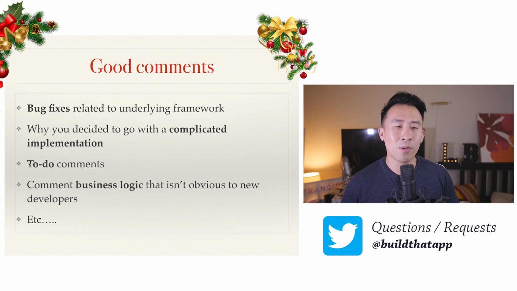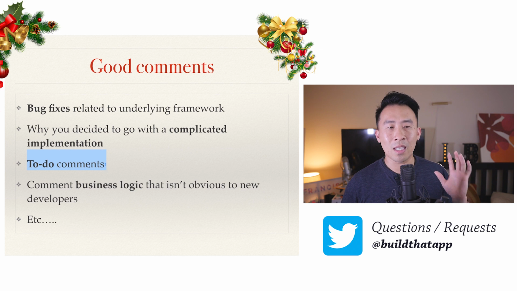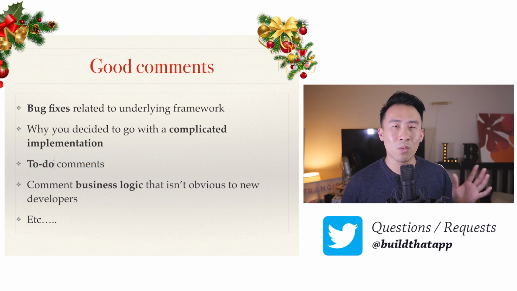And then in a lot of code repositories, you'll find a lot of comments for to-do items inside of the code. Typically, if a developer knows that he's developing a feature and he knows that it's going to be broken for certain use cases, he's going to leave some to-do comments just to warn whoever's going to work with that code later on.